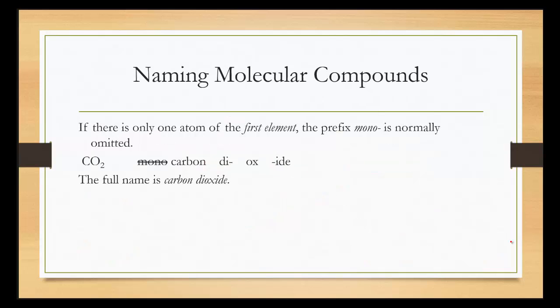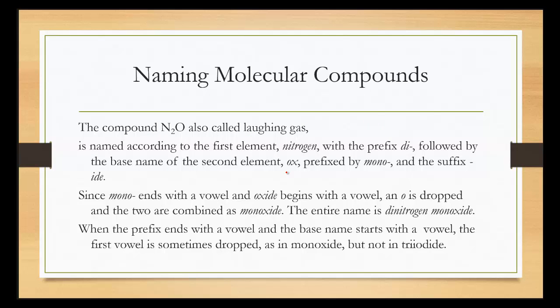If there's only one atom of the first element, the prefix mono is normally omitted. So in other words, it's not monocarbon dioxide, it's just carbon dioxide. The compound N2O, also called laughing gas, is named according to the first element, nitrogen, with the prefix di, followed by the base of the second one, which is ox, with the prefix mono and suffix ide.